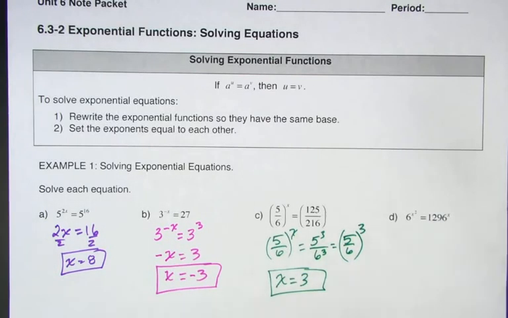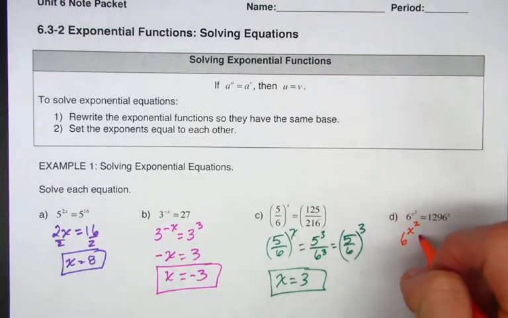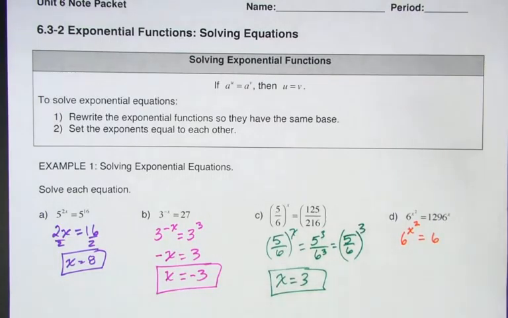This guy's a little bit bigger, but we want to go ahead and rewrite that. So we have 6 to the x squared power, and 1,296 is 6 to what power?